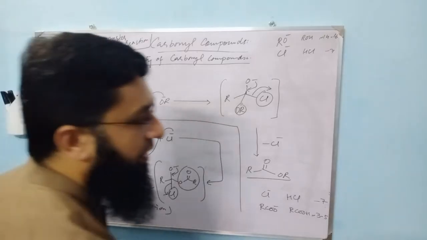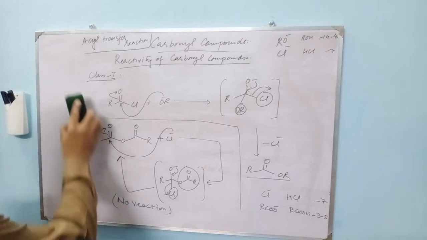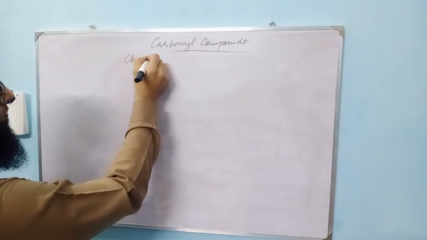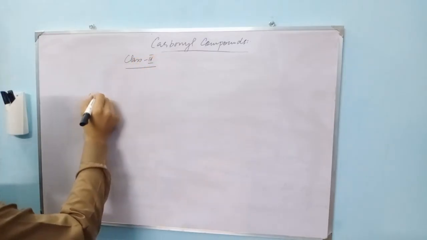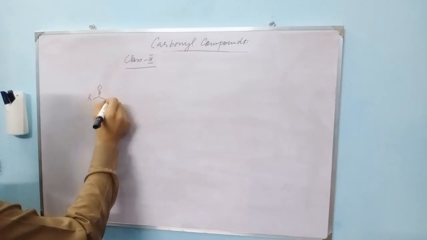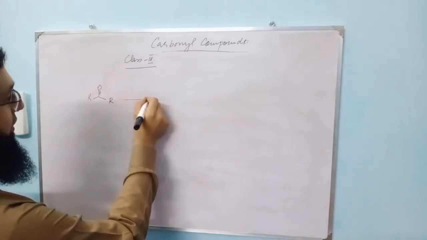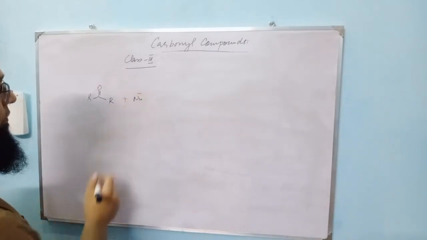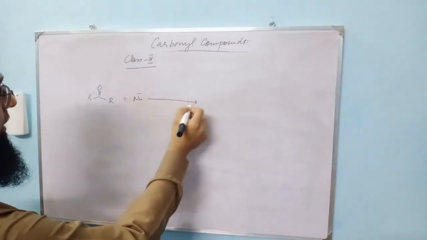Now we see the reactivity of class 2 carbonyls. For example, we have an aldehyde or ketone, and we allow it to react with a nucleophile, for example Nu negative.